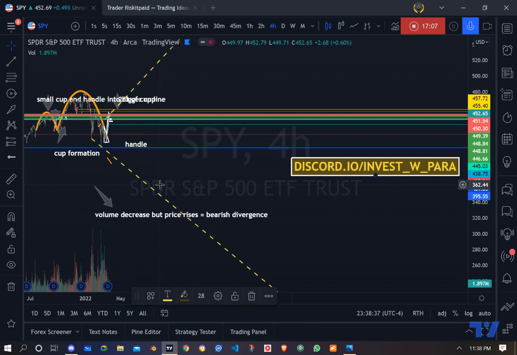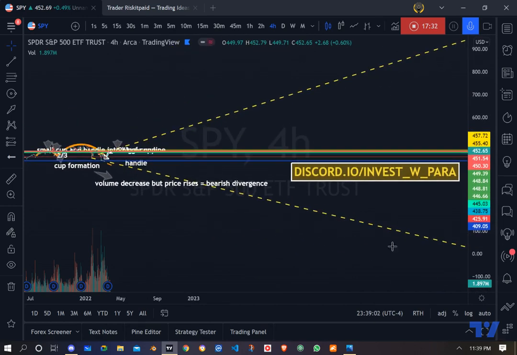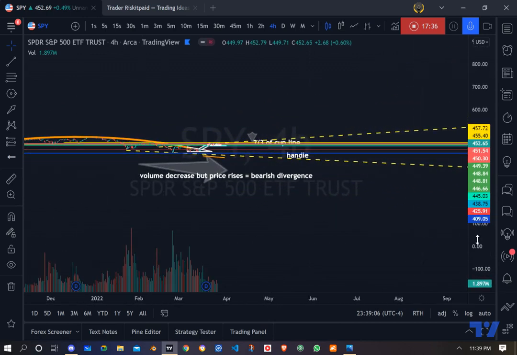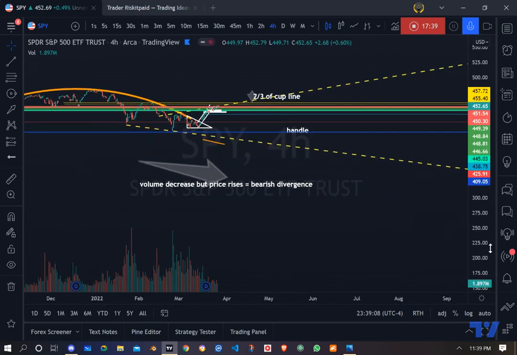But if we took the broadening formation until we hit 360, we hit it somewhere around in August, possibly, if we're following the X and Y axis on that. Things can happen way faster than that.